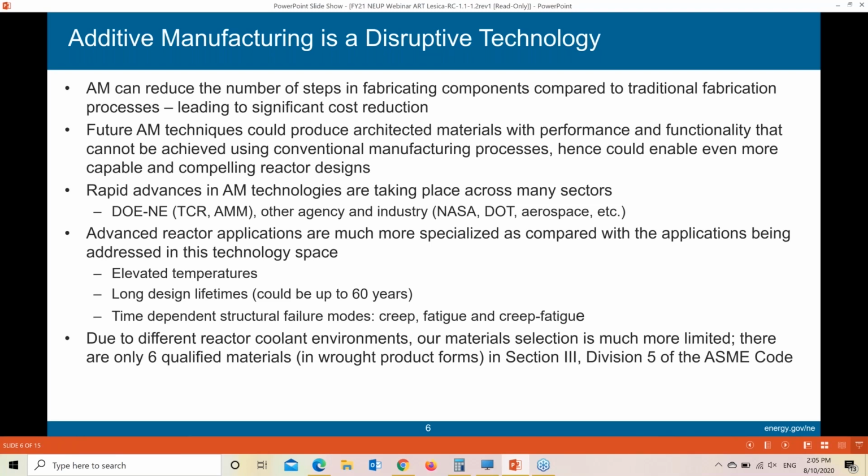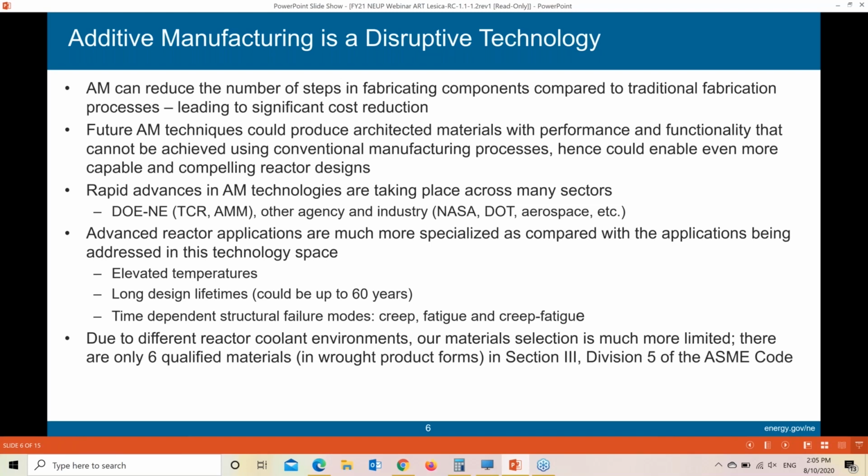However, because advanced reactor applications are very specialized and have a very extreme environment, the applications in this area focus on elevated temperatures and long design lifetimes. As a result of those elevated temperatures and long lifetimes, time-dependent structural failure modes are of interest and need to be understood.